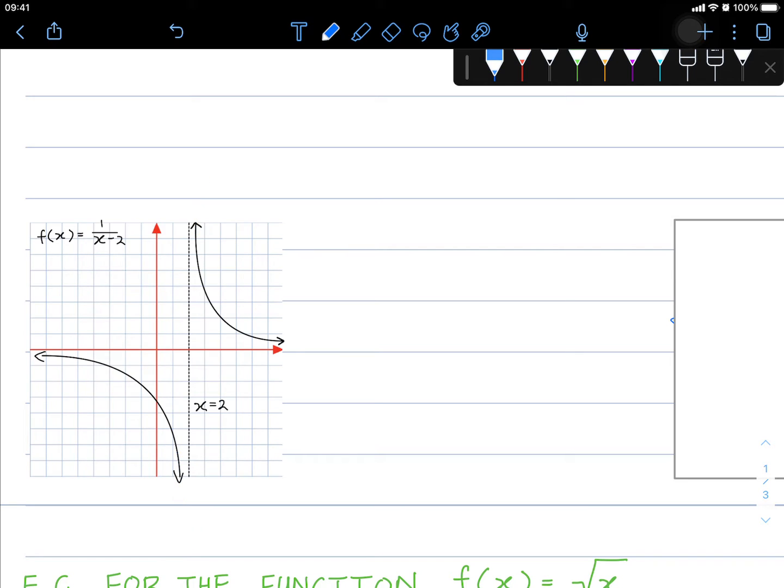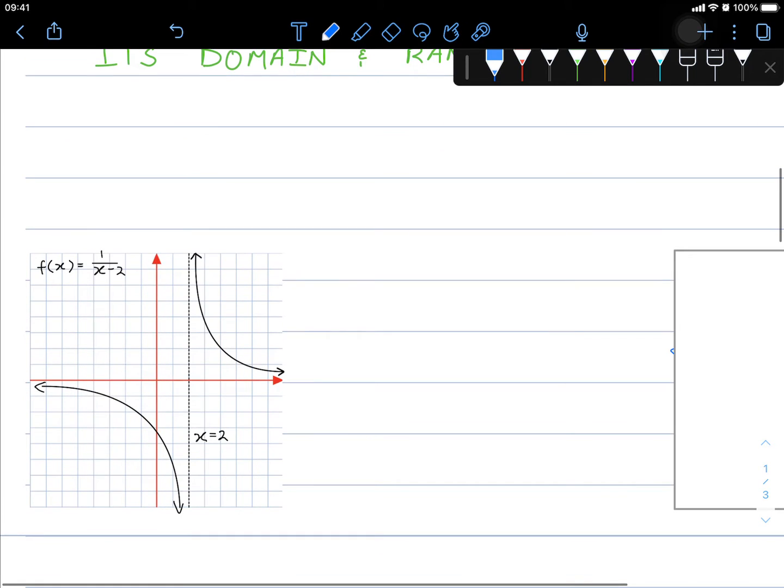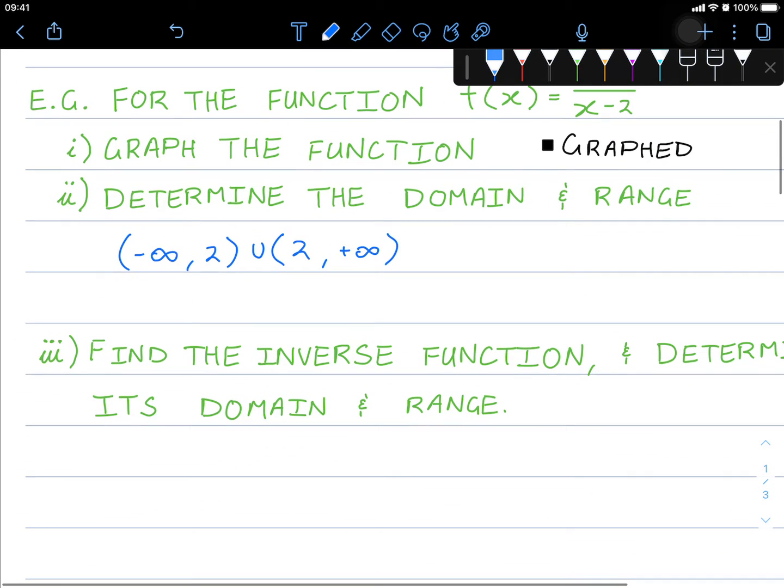So it seems that its range can hit any y value except y equal to 0. So its range would be from negative infinity up until 0, not including 0, union with 0 up to positive infinity.